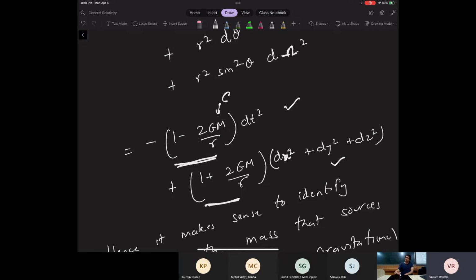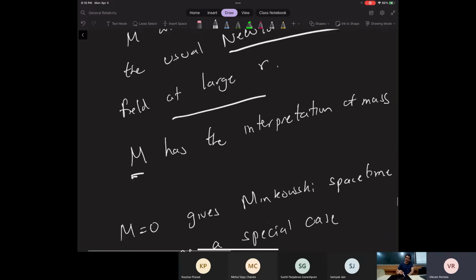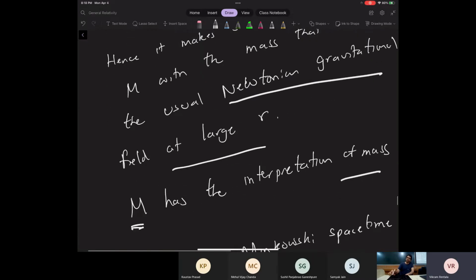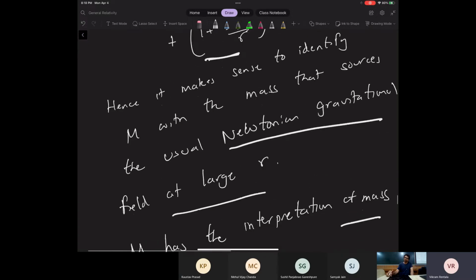Instead of just writing c by r, it makes sense to use 2GM by r, because in the weak field approximation you get exactly what you expect at large distances. So this m now has the interpretation of mass. If I'd written 1 minus c by r, and c is 2GM, m gives me the correct interpretation of mass at large distances.